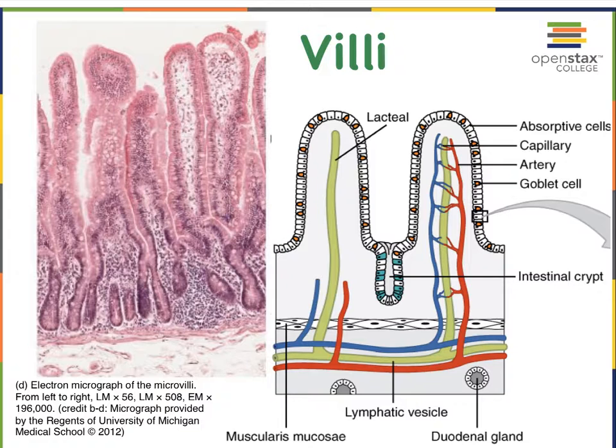Finally, notice right here the muscularis mucosa, which is responsible for creating these villi and literally throwing the mucosa into these finger-like projections. Down here, where we see duodenal glands labeled, we are already in the submucosa.